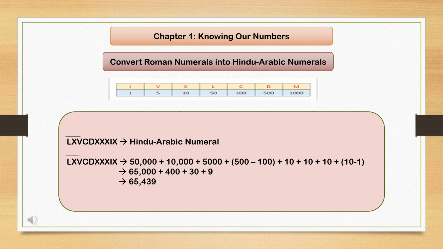It will be 65,000. 500 minus 100 will be 400. 10 plus 10 plus 10 will be written as 30 and 10 minus 1 will be written as 9. Let's add this expanded form. It will be 65,439. So here we have converted the Roman numeral into Indo-Arabic numerals.